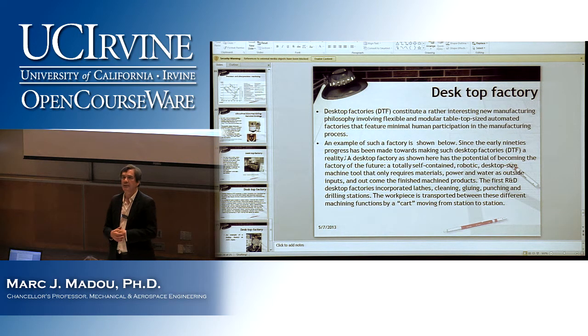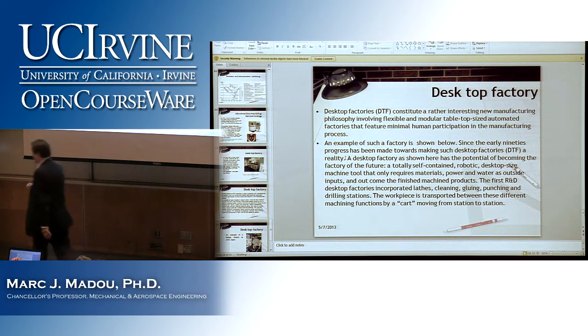We call it multiple point manufacturing, or point of need manufacturing. The medical doctor needs an implant to be machined. He doesn't need to go in another state or to the East Coast. He could actually have it made next door. That's kind of the concept behind this.